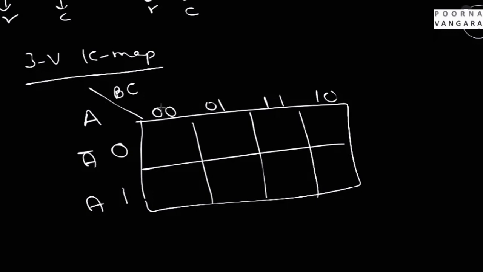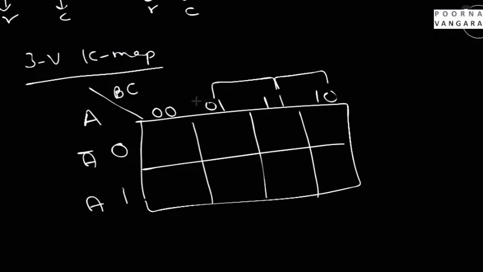If you look at 0 0 and 0 1, only one bit is changing. If you look at 0 1 and 1 1, only one bit is changing. And if you look at 1 1 and 1 0, only one bit is changing. So if you take any two continuous cells, those have only one bit change. That is what adjacent minterms are.